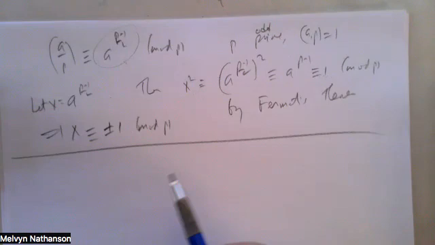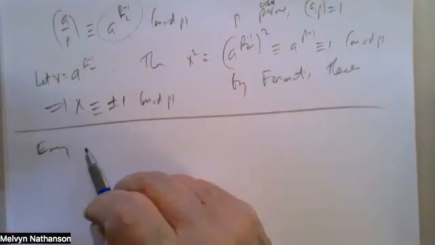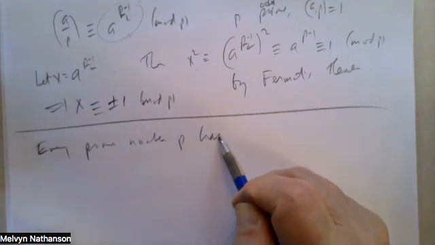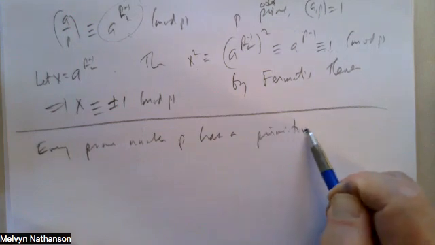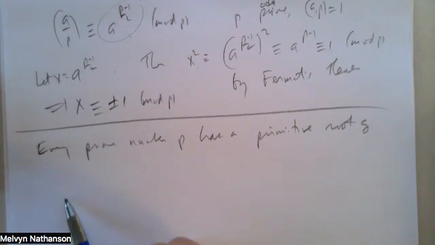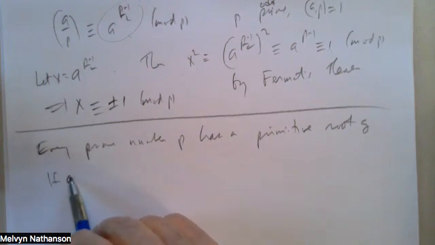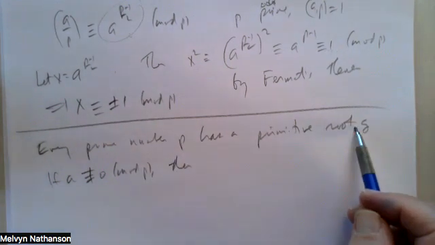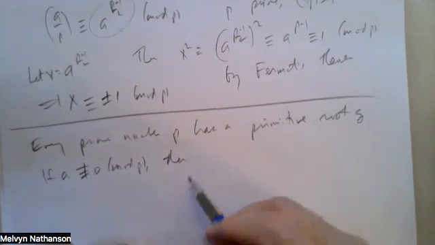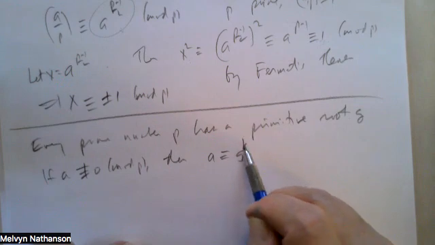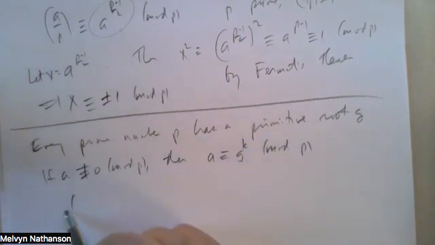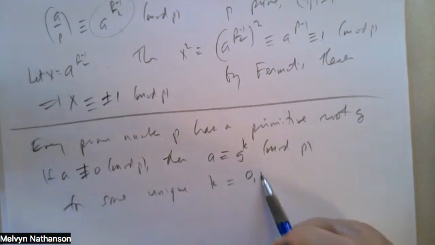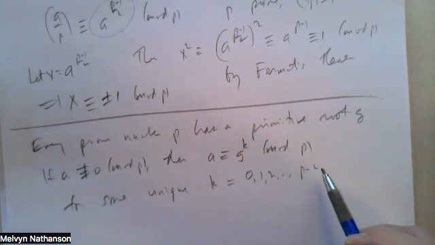So to prepare for this, remember, every prime number P has a primitive root, call it G. That means if A is not 0 mod P, then the powers of G give you every number not 0 mod P. A is congruent to G to the K mod P for some unique K between 0, 1, 2 up to P minus 2.